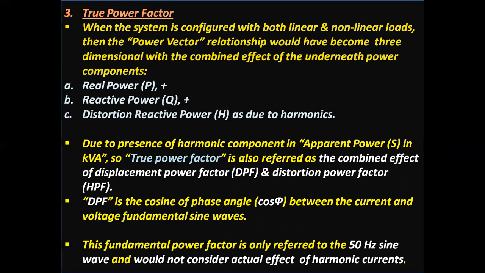Displacement power factor is the cosine of the phase angle between the current and voltage fundamental sine waves. This fundamental power factor refers only to the 50 Hz sine wave and does not consider the actual effect of harmonic currents.